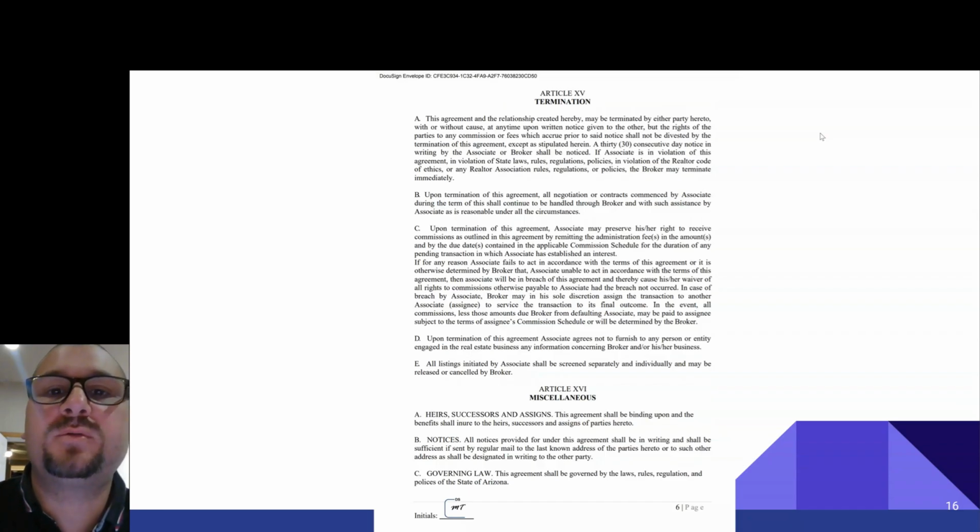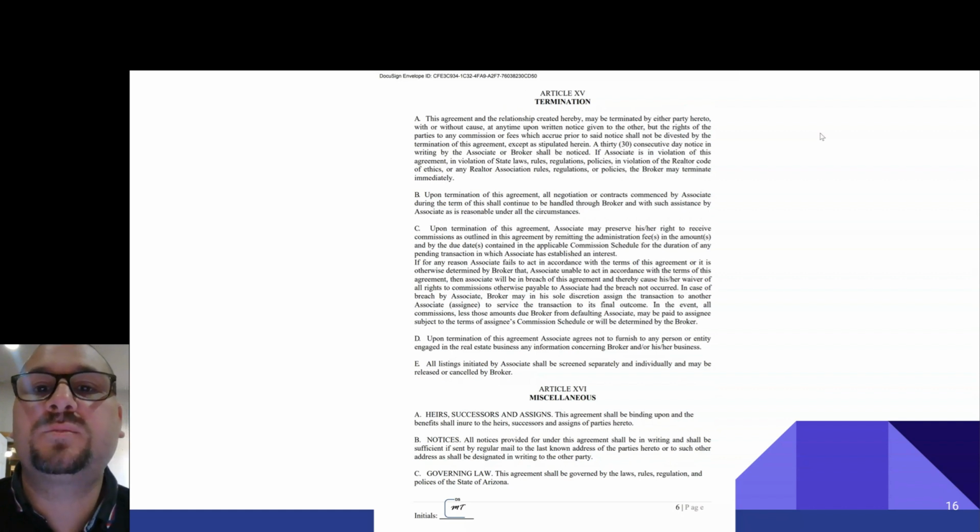At any time upon written notice given to the other, but the rights of the parties to any commission or fees which accrue prior to said notice shall not be divested by the termination of this agreement.